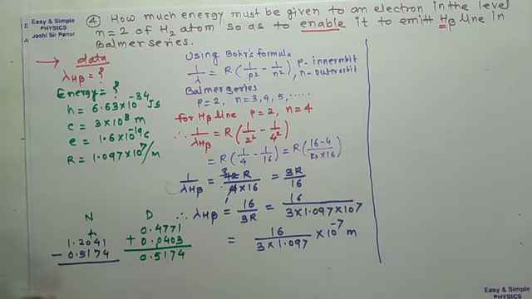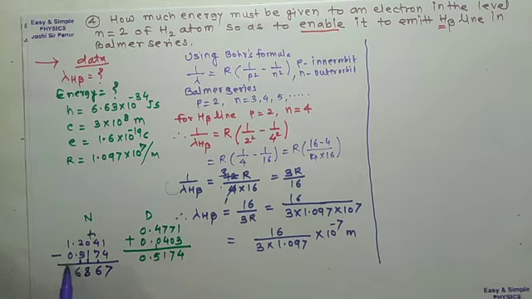From 11, 4 is subtracted, 7 is remaining. From 14, 8 is subtracted, 6 is remaining. From 10, 2 is subtracted, 8 is remaining. From 12, 6 is subtracted, 6 is remaining, and 0 point. So take its antilog. Antilog of 0.68 with 6, and 7 in the mean difference.